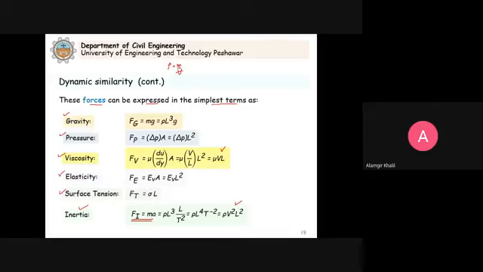So these equations we will actually use to define certain dimensionless numbers. We already discussed two of them. One is the Reynolds number and the second one is the Froude number. Now here we will discuss some more dimensionless numbers due to the presence of these forces. So this we have already studied.